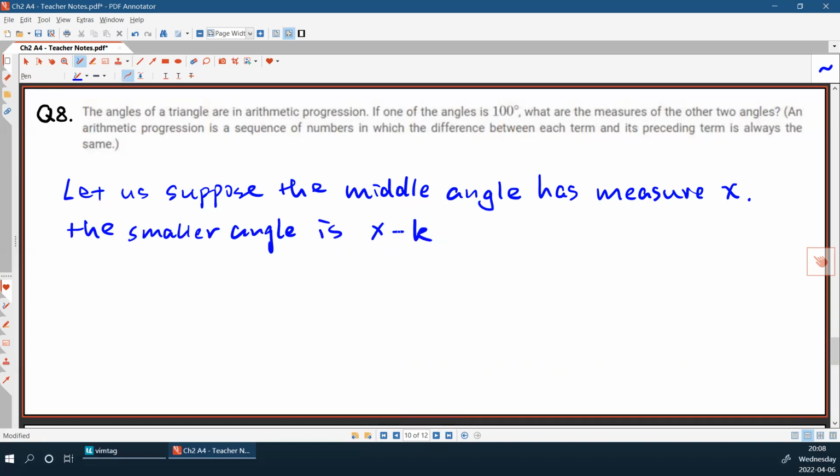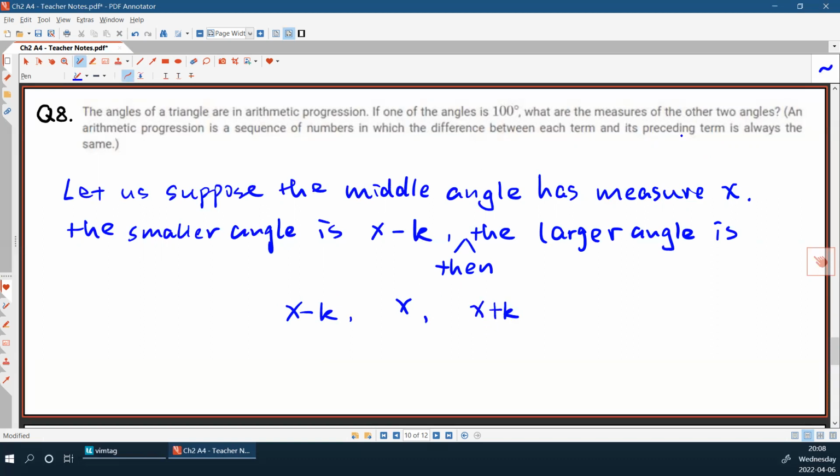This is possible, right? Then we know the larger angle is, so if the angle in the middle is x, smaller angle is x minus k. Can you guess what is the larger angle? What is the measure of the larger angle? X plus k, right? Because the three angles can form an arithmetic progression. So the larger angle must be x plus k.